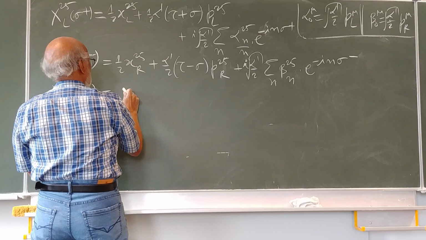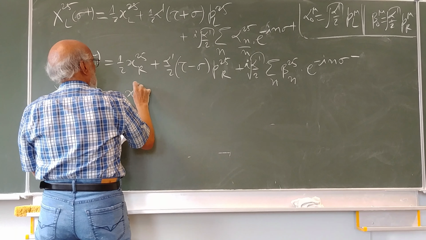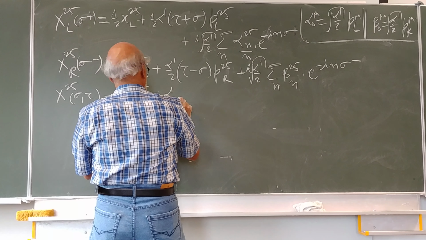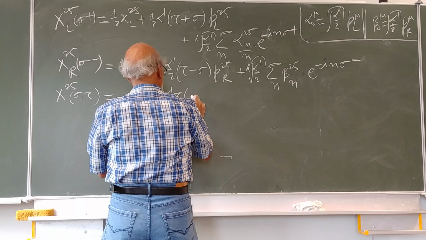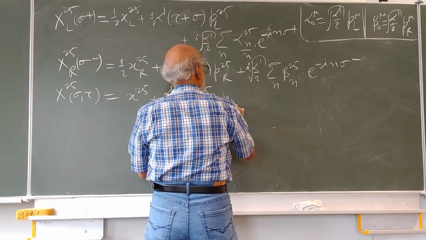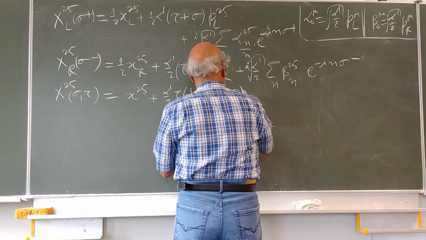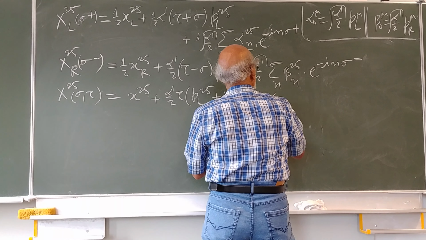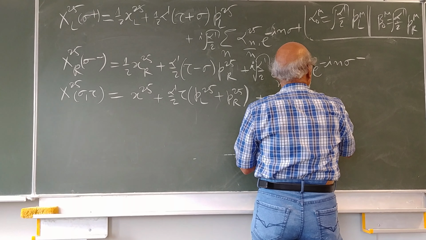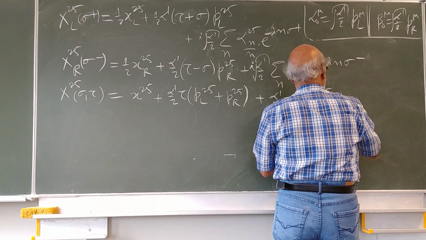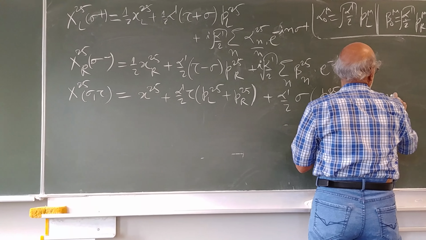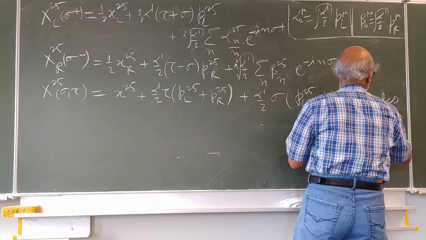So x25 plus alpha prime by 2 into tau into PL25 plus PR25 plus alpha prime by 2 into sigma into PL25 minus PR25 plus the modes.